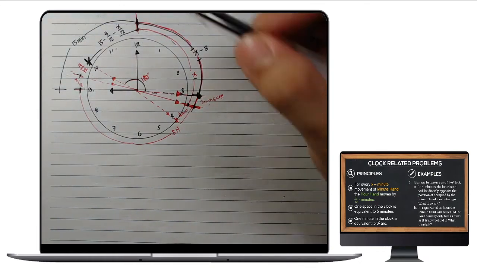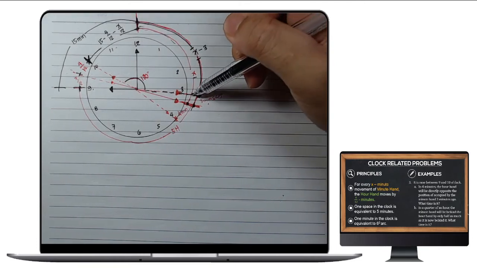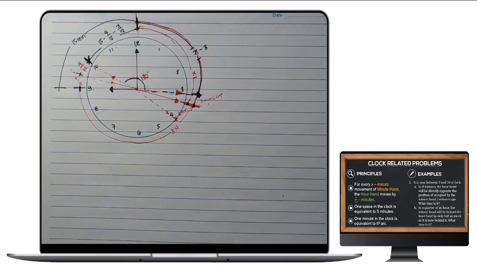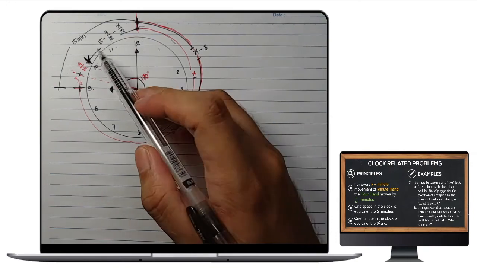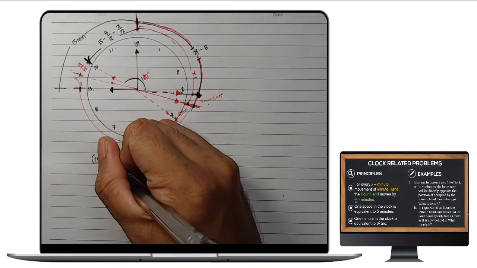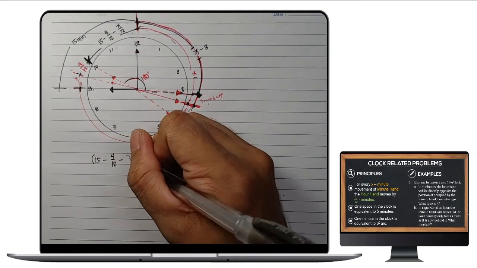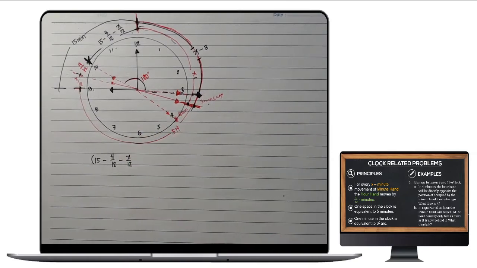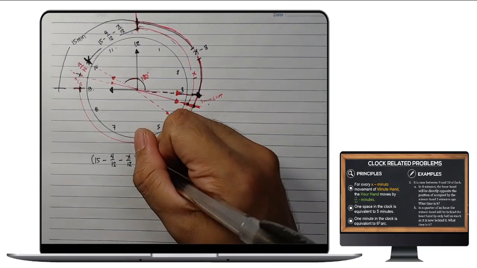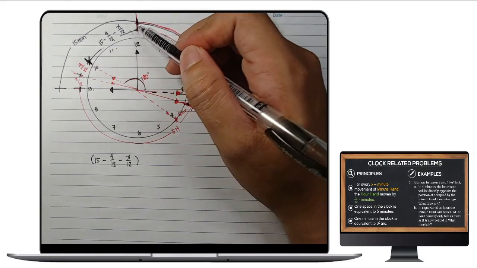Therefore, we can say that this part plus this part is equal to 180 degrees. So let's have 15 minus 4 over 12 minus x over 12.